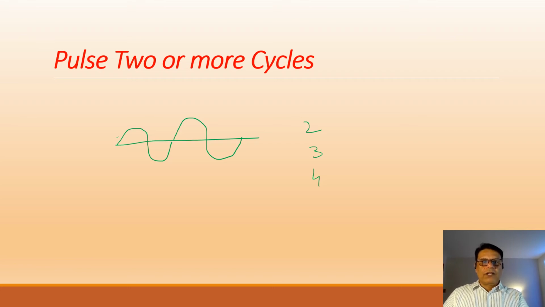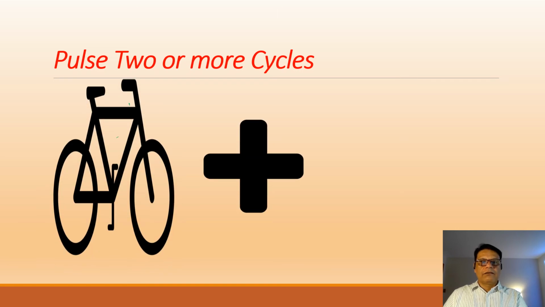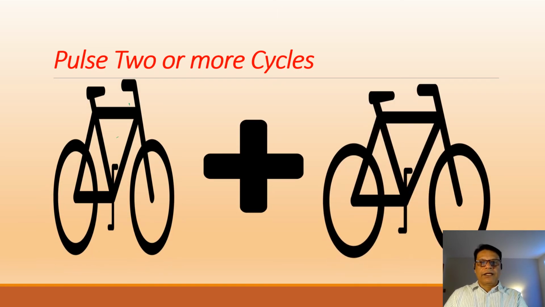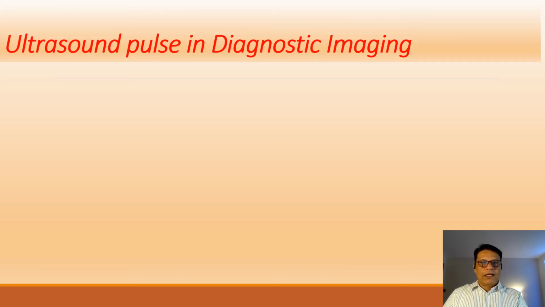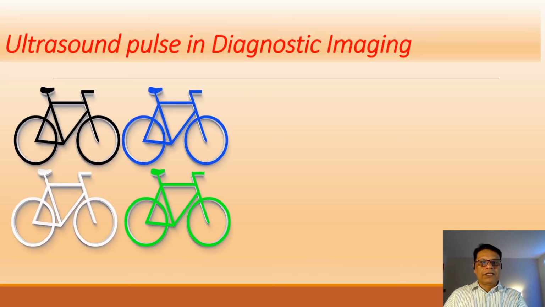So one cycle is a wave and 2 cycles are a pulse. One cycle, another cycle, and it will give you a pulse. And in diagnostic imaging, there is a group of cycles, a group of 2, 3, or 4.